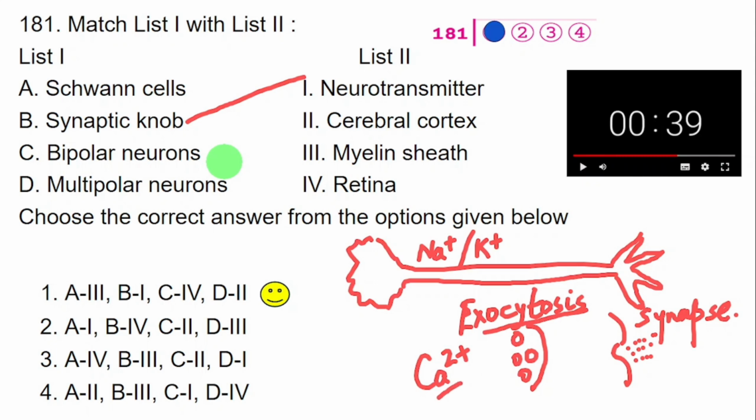If there is any depletion, then the nerve function will be affected. So you have to take care of your calcium intake. We generally think calcium is important for bone health, but it is also important for nerve conduction, because ultimately the signal is going to connect to the downstream, postsynaptic neuron. If the exocytosis does not happen because of lack of calcium, then the whole point of sending the nerve signal will be of no use. So calcium is important here.